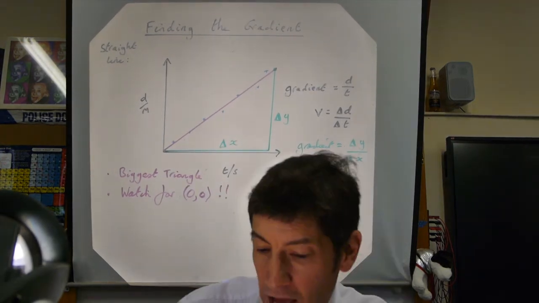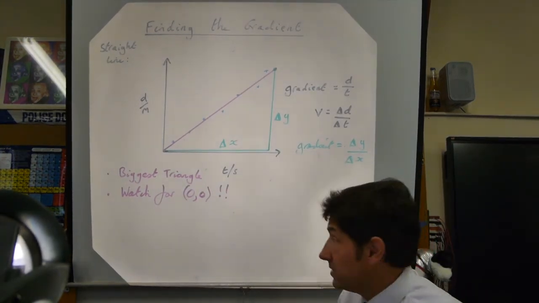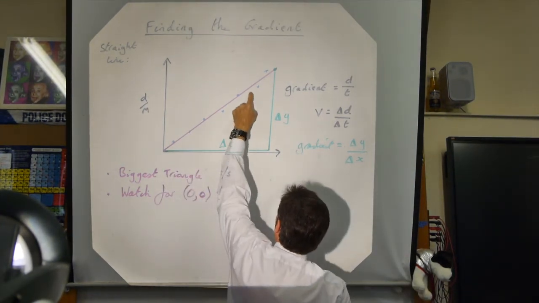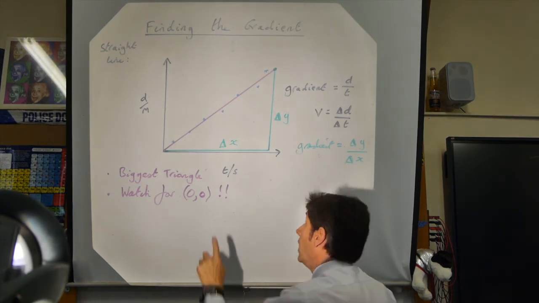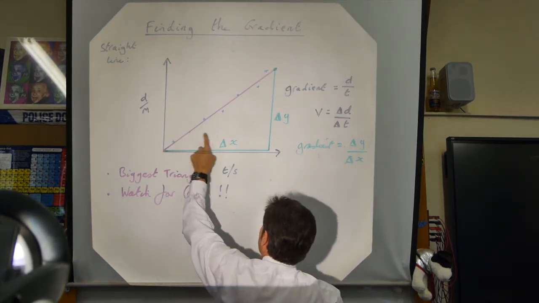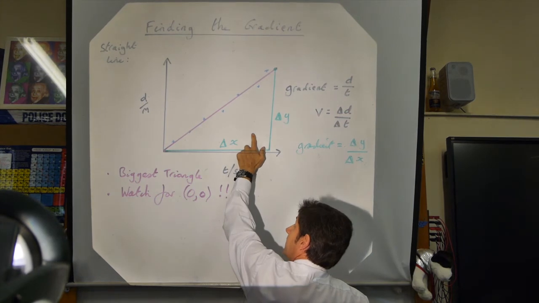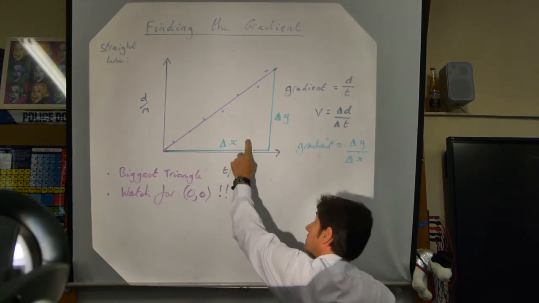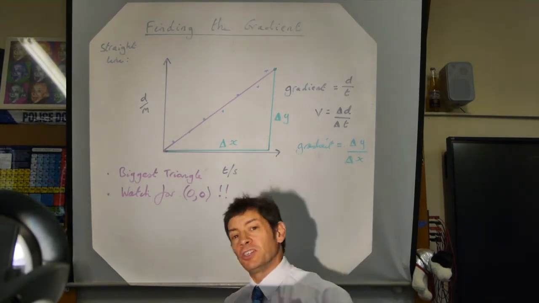Hope you understand what I mean by that, because if you drew the triangle here, which would be totally okay, you might start at 3 and end here at 10, so this would be a change of 7. Not 10. And it's an absolutely classic mistake that students make.